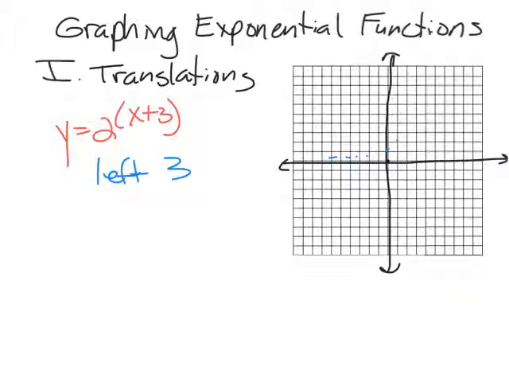What this is going to do is take this function and shift everything to the left by 3. So instead of being at 0, 1, I'm moving that point over by 3 units. Instead of being at 1, 2, I'm moving everything over by 3 units. So I am now at negative 3, 1 and negative 2, 2.